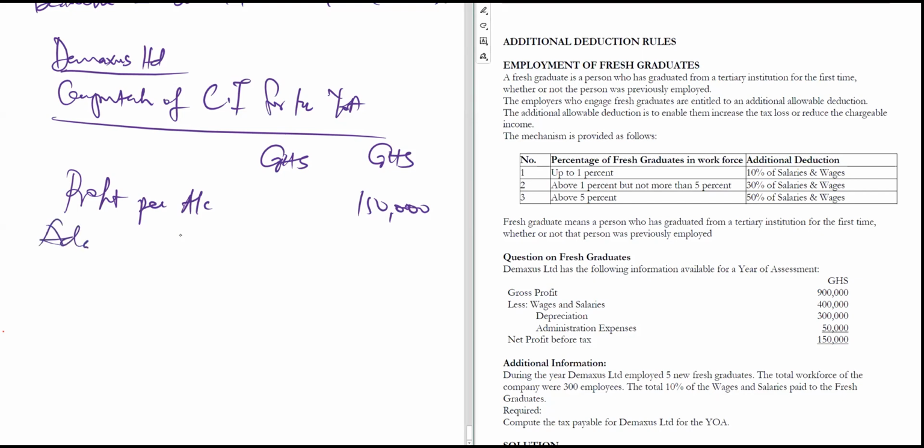So we add back what? Only depreciation, 300,000. That gives us 450,000. That gives us our adjusted profit.